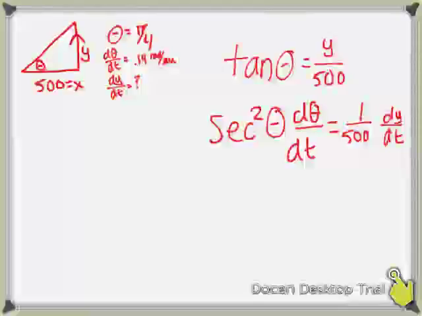And would you move the 500 over to the other side to make it cleaner, or is it fine as it is? Good question. If this were a free response problem, yes. Just multiply both sides by 500 and call yourself done. Don't worry about evaluating anything else. If this were a multiple choice question, that's not going to be the answer. So then we would actually need to evaluate it.